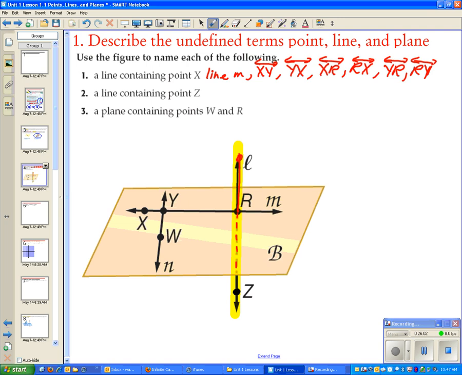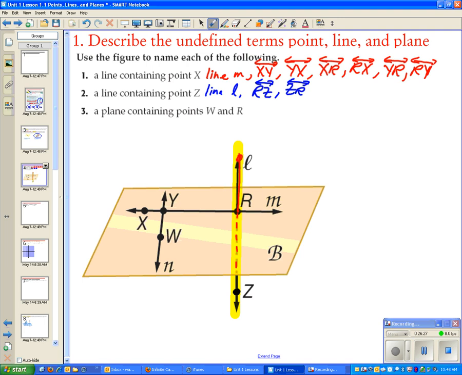So a line that contains point Z could be line L. What's another name for line L? RZ. Yep. Line RZ. And can I reverse the Z and the R? Yep. Line ZR. So you understand what that figure's trying to show you?